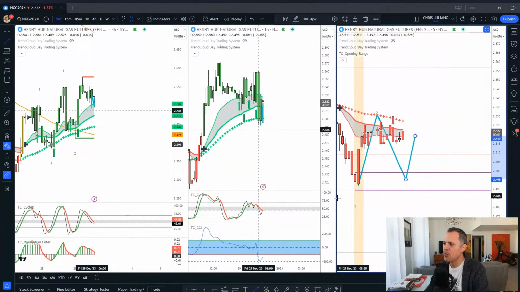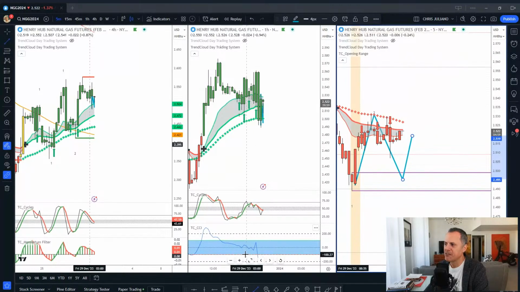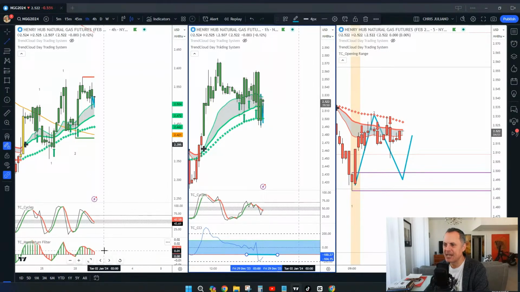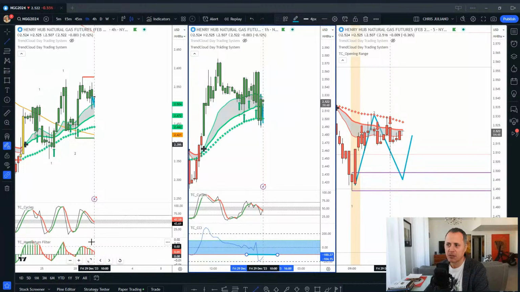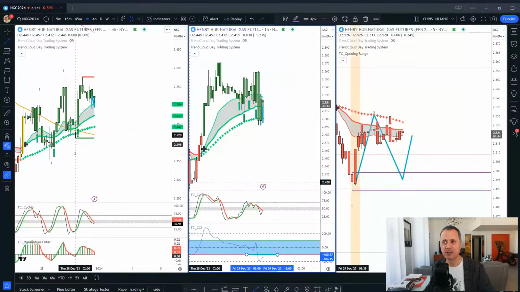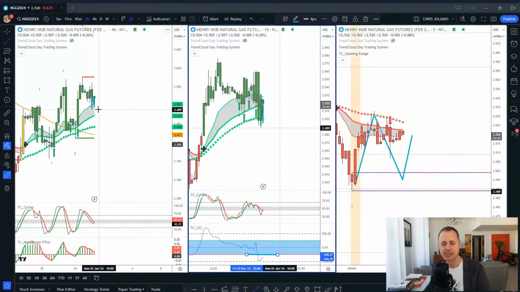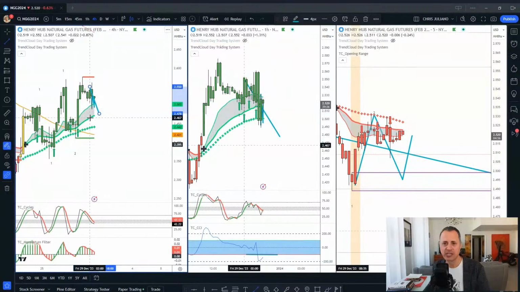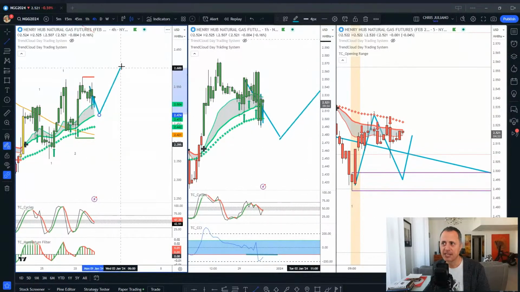But because momentum is below negative 100 here, and momentum on the high time frame is pointing down and red, and we're cycling down, you might be in an uptrend, but guys, guess what? This is in a corrective phase. This is pulling back into its own trend cloud to make the next move up.